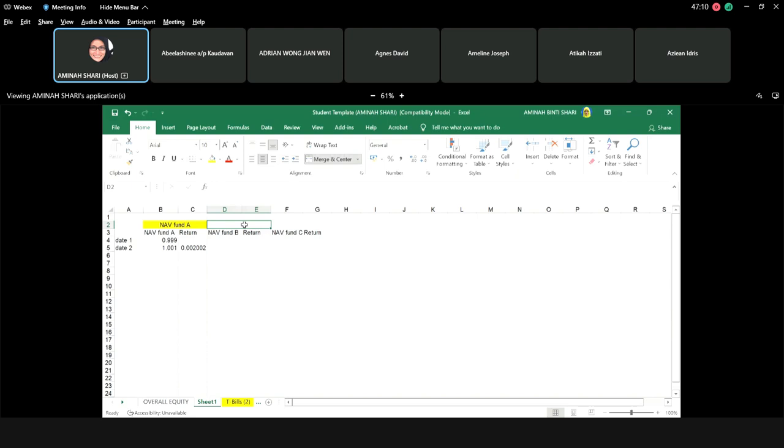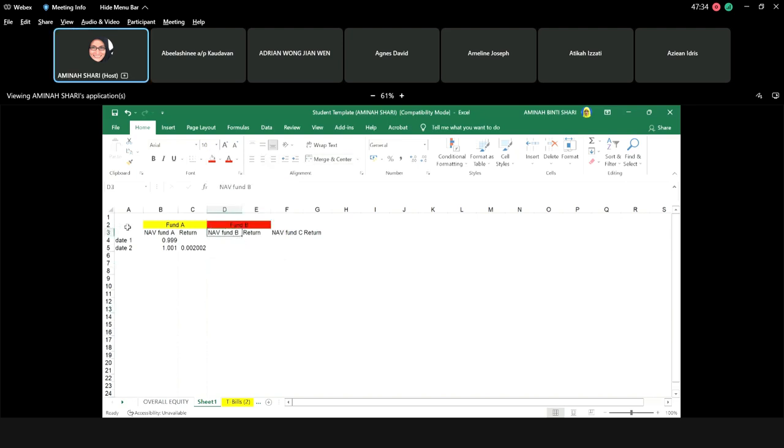Ini fund B. Okay, maksudnya based on you punya sheet, bukannya you plug in you punya data masuk dalam I punya original sheet. Your own data, your raw data tu you buatlah.